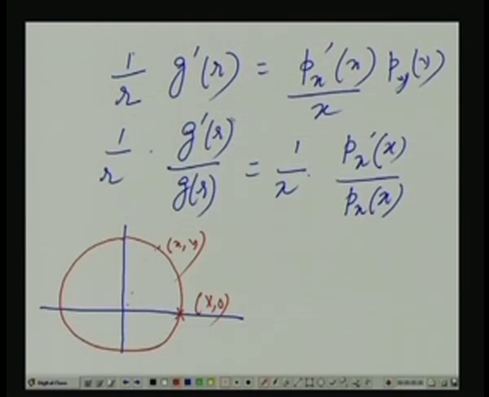Now, you see, look at the left hand side, this is independent, this is just a function of r, and the radius of this circle is r. So, at any point on the circle, the left hand side retains the same value, which means if I am at this point where x equal to capital X, I get the same value.